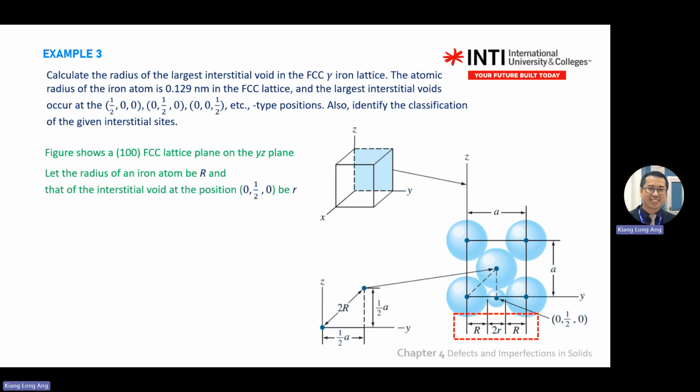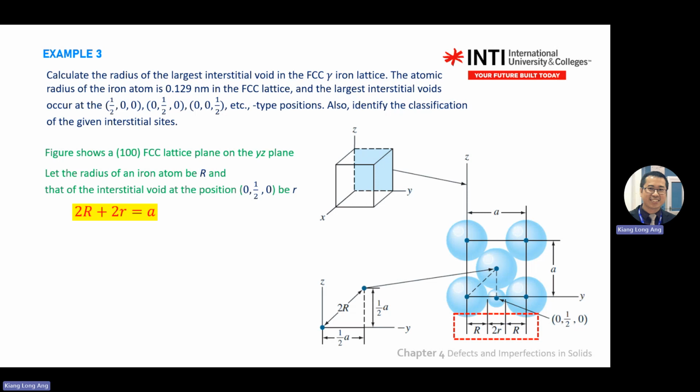So you draw the FCC. These are the four corner atoms, the metal iron atoms with radius R. This is the space where you can fit additional atoms, so let's say this is 2 small r, and this is big R. This is your cube, and this is your a that you learned in chapter 2.